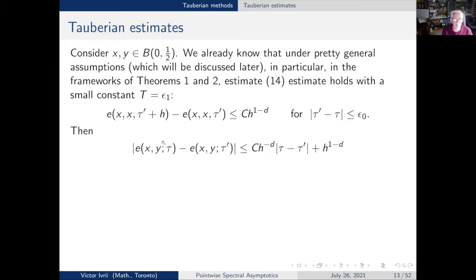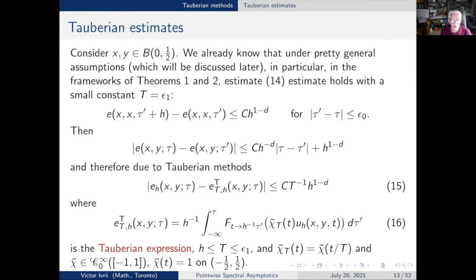But then we have the same estimate, not necessarily for x equals y, but for x maybe disjoint from y. And then we can even take not this one, but we would have this estimate, it would follow from it.